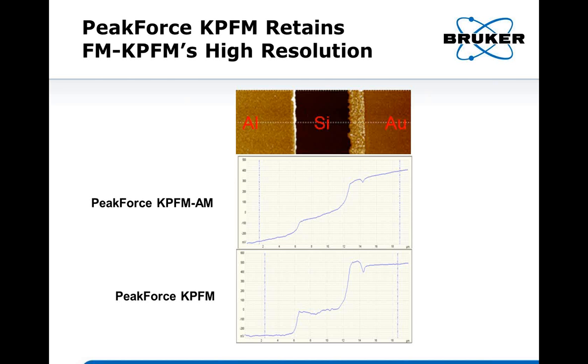It's a weighted average of the areas covered by the tip cone and the cantilever. So in order to be accurate, the spatial resolution must be high. And this is pretty much true for the PeakForce KPFM.